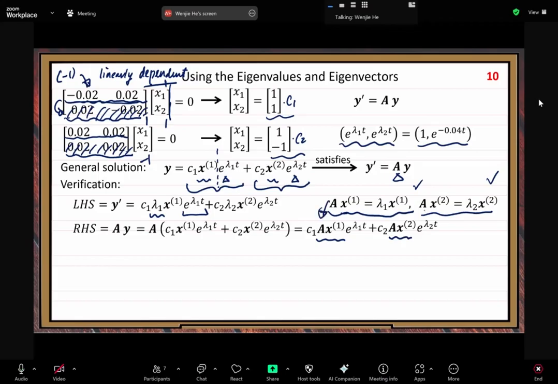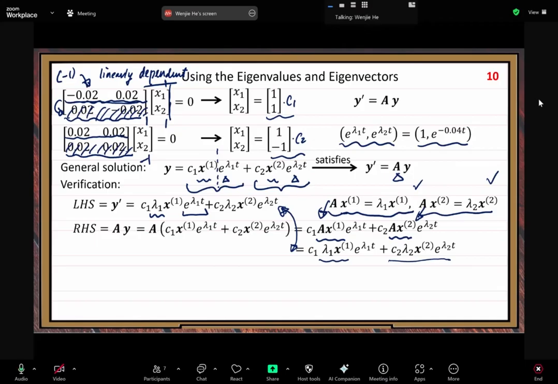Because the vector has the special property, you replace the matrix A times x sup 1 by lambda 1 times x sup 1, and the second term, you get that. Now you compare with the right-hand side, exactly the same. So we verified it.